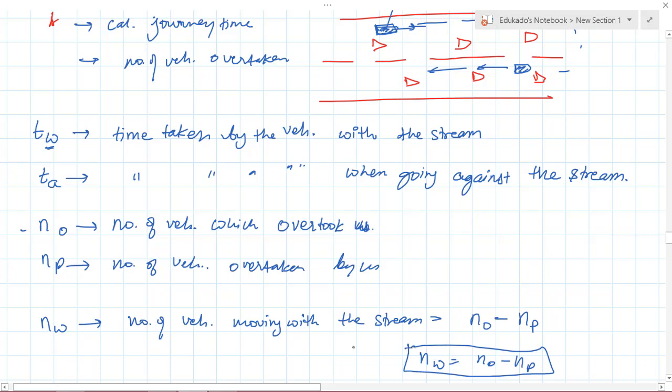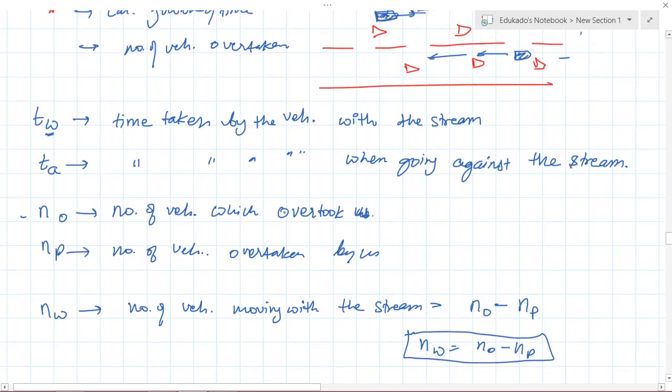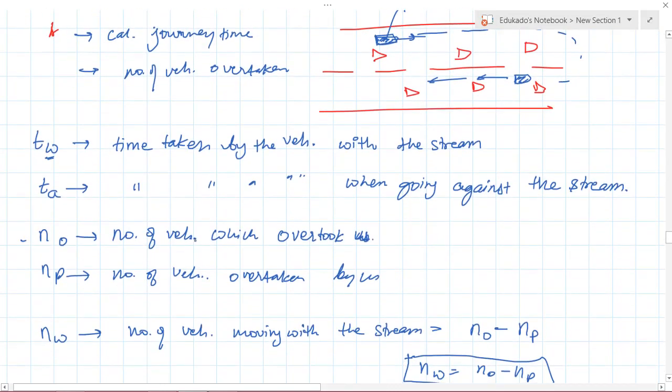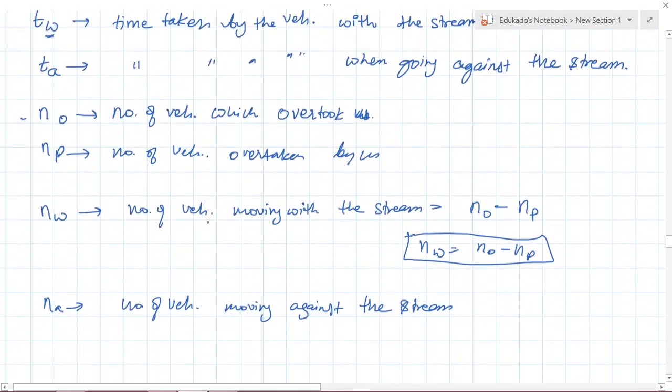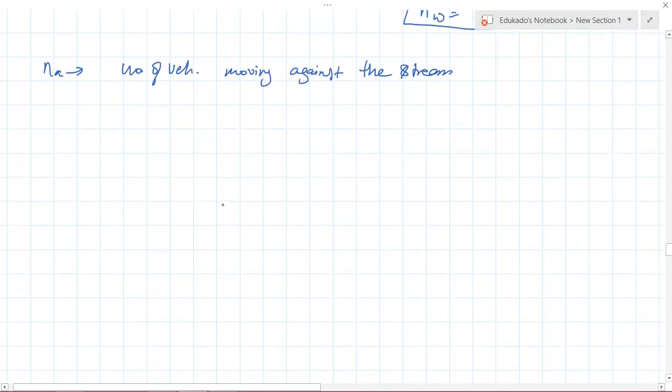This is just a small thing. And NA is the number of vehicles moving against the stream. So these are some parameters that we can see while we are in the floating car, and using these parameters I can calculate the flow and the average speed.